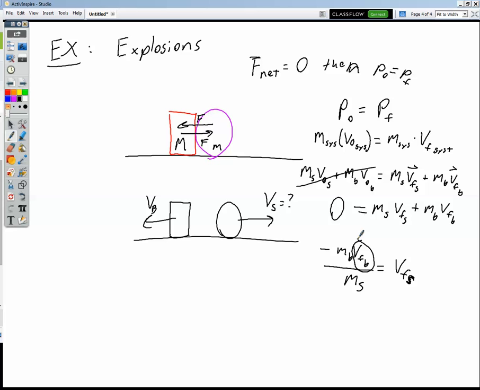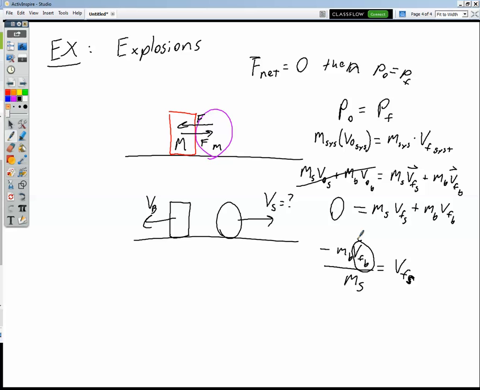And that works out. So explosions, generally the initial momentum of the system is 0, and that means the final momentum of the system has to be 0. That's one class of problems that we can solve. Notice also that we could have solved this with Newton's second law, F equals ma. If we know the force that Bobby pushes on Susie with, then we could find her acceleration.